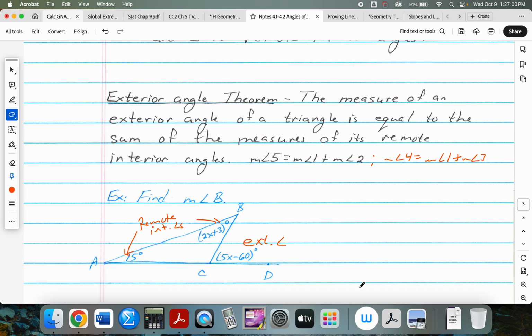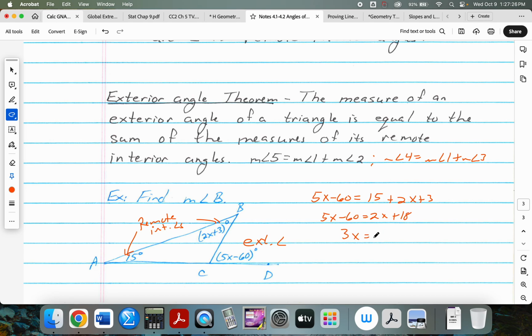They're away from it. So the exterior angle, 5x minus 60, is equal to the sum of the two remote interior angles. So it's 5x minus 60 is equal to 2x plus 18.